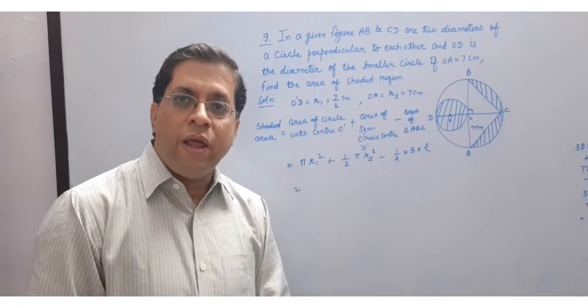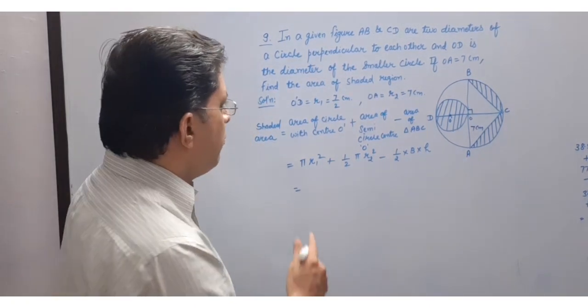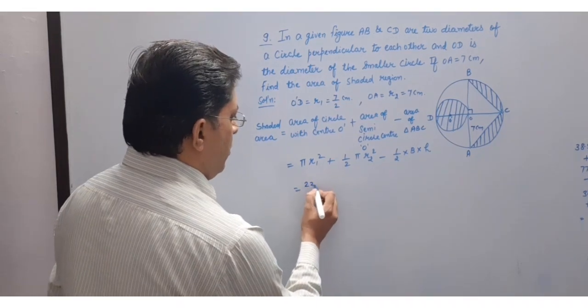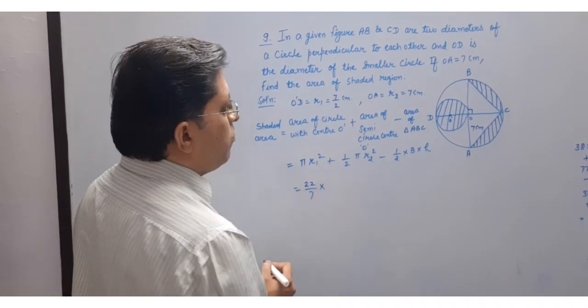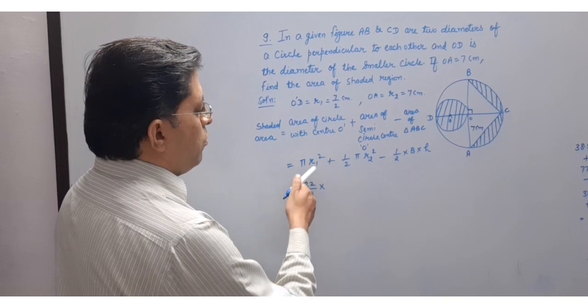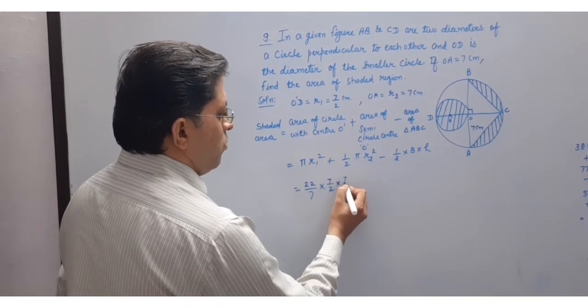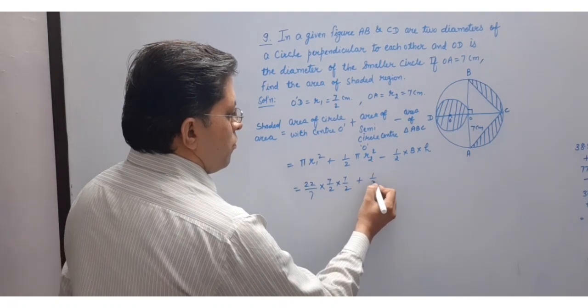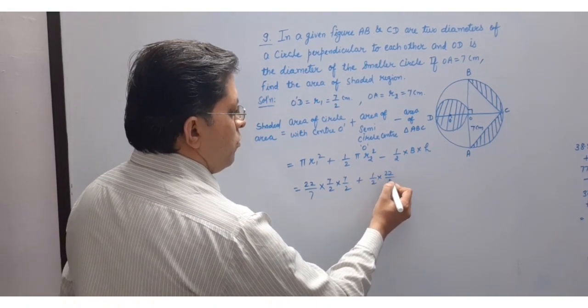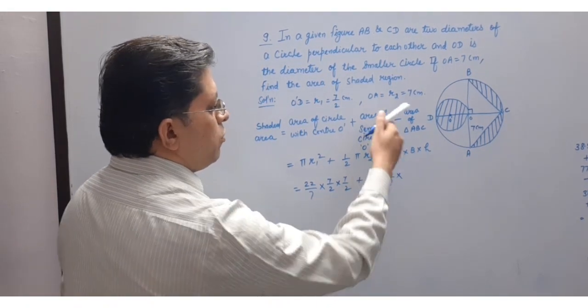That is area of triangle. Okay, pi is 22 upon 7. R1 is 7 upon 2 into 7 upon 22 upon 7. What is R2?